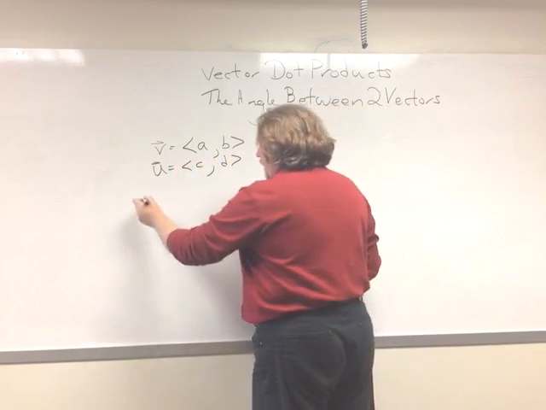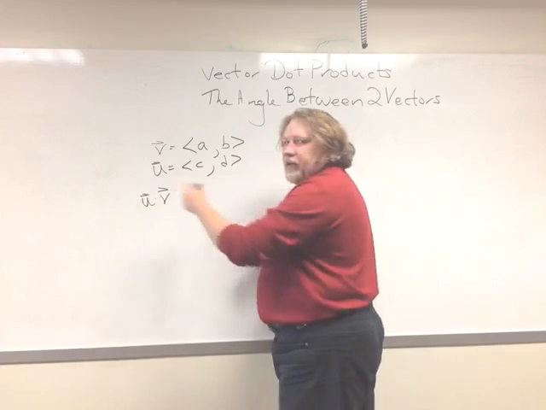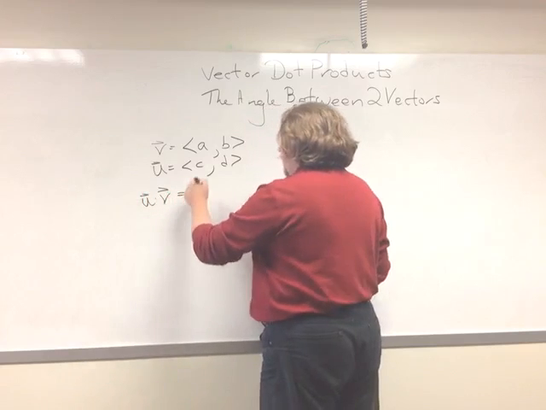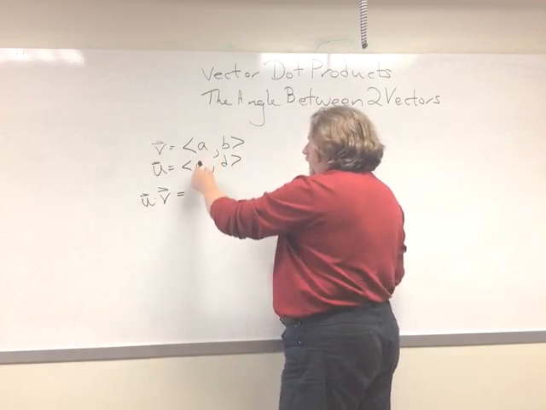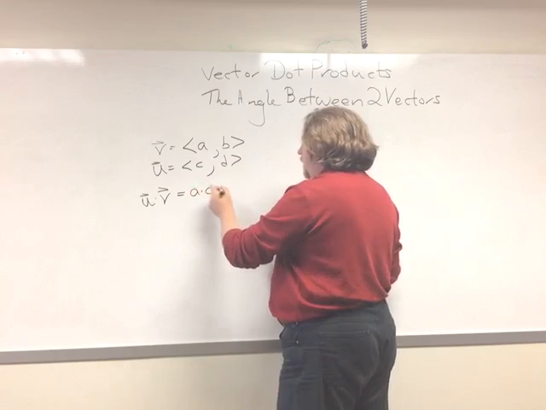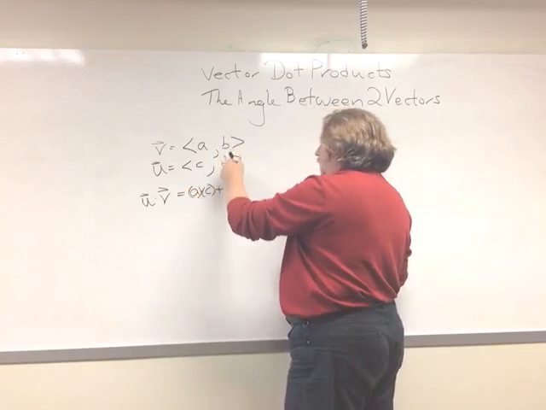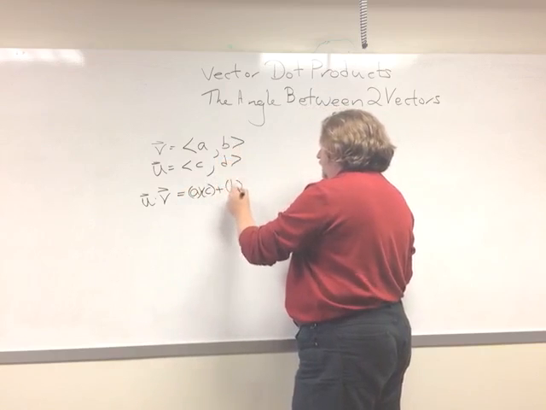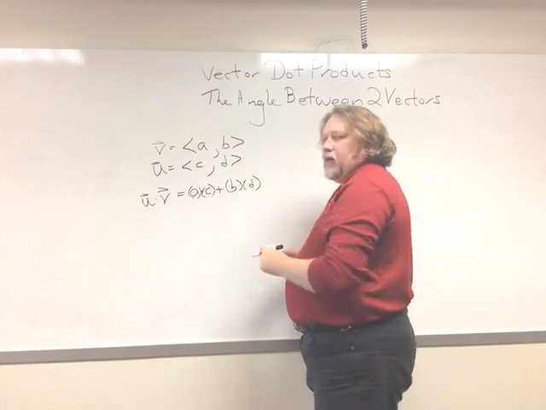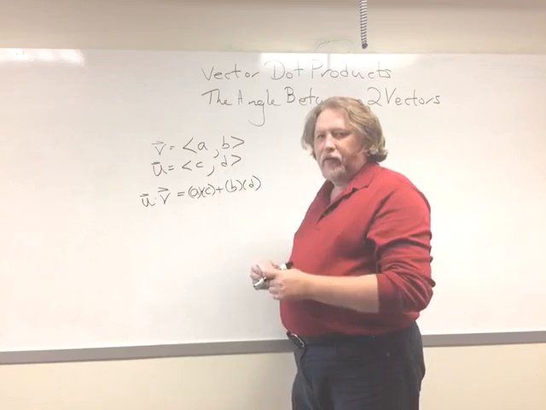Then the dot product, u dot v or v dot u, order doesn't matter, is to multiply the two x pieces together, a times c, plus multiply the two y components together, b times d. Order of operations, you multiply those first, then you add, and that's the dot product. That's all there is to it.